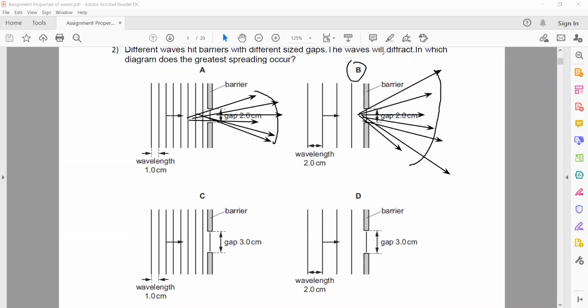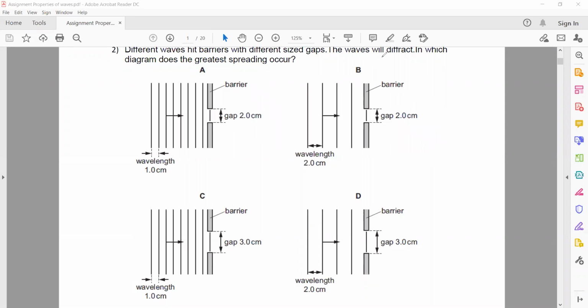It is maximum when the wavelength is equal to the gap size, and when the wavelength is bigger than the gap size, there is very small diffraction. When the wavelength is smaller than the gap size, here the wavelength is 1 centimeter and the gap size is 2 centimeters, so there is small diffraction. Wavelength equal to gap size gives maximum diffraction.